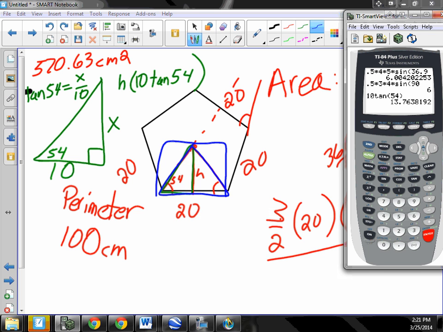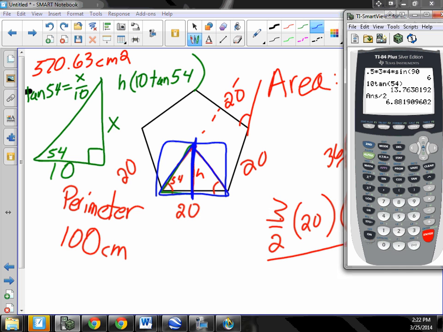So I'm going to times this by 10 instead of 20. Does everybody agree? I take this value here, which is 13.76. Oh, I forgot to divide it, didn't I? Okay. I need to divide this number by 2.